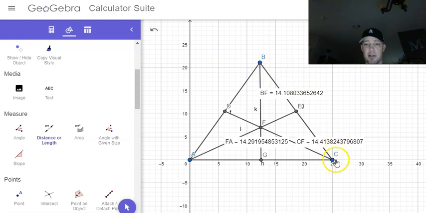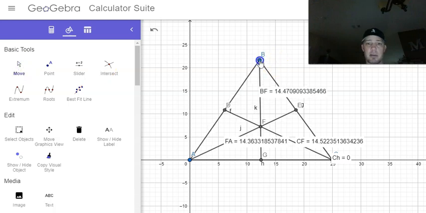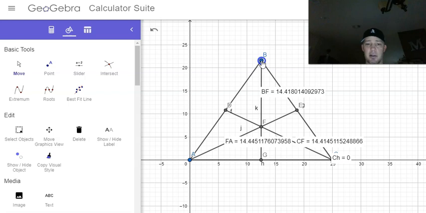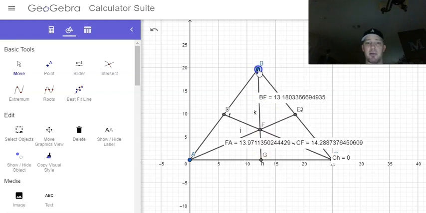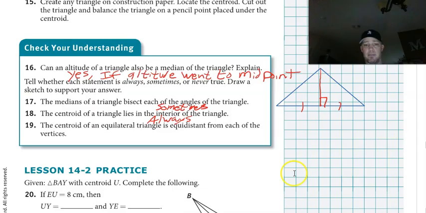Maybe not perfect. Somewhere around here, this is really close: 4.4, 4.4, 4.4. Looks like an equilateral triangle there. If it's exactly an equilateral triangle, these would be exactly the same. Obviously, I'm not making this perfect, but it is always true for that one.